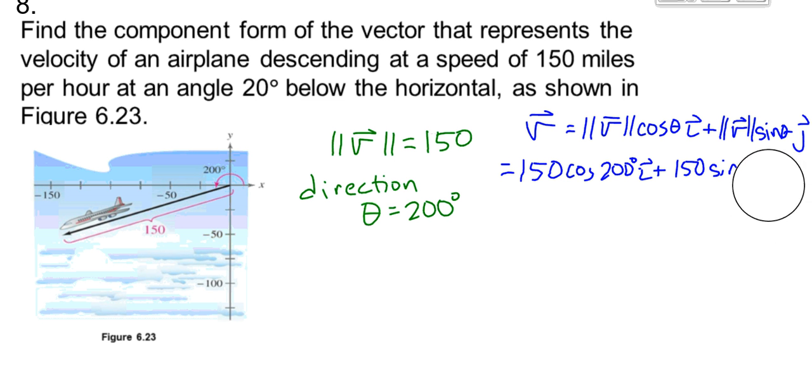And sine 200 degrees j. So do we agree that this reference angle is not going to be on that table of values, so we're just plugging things in? What we need is 150 cosine 200 degrees and then 150 sine 200 degrees, and we'll round it to 2 decimal places. Who can tell me what that one is?